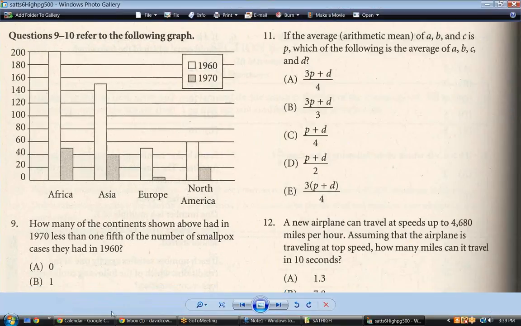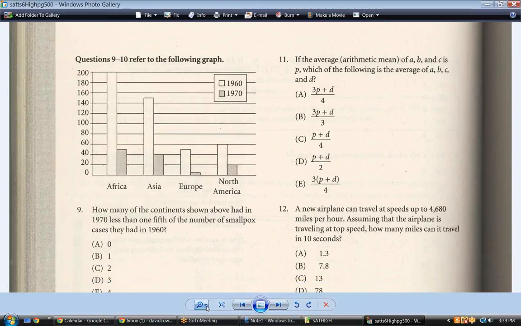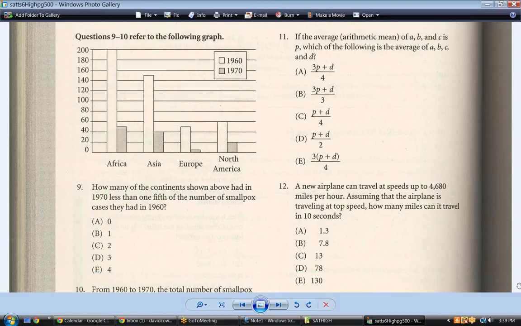It might be worth, let's see, questions 9 and 10 apply to this graph. This is probably better practice for your science section on the ACT, but that's okay.